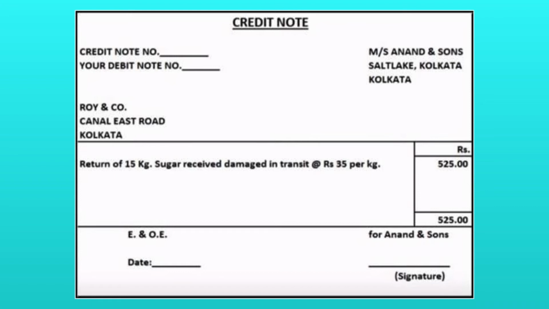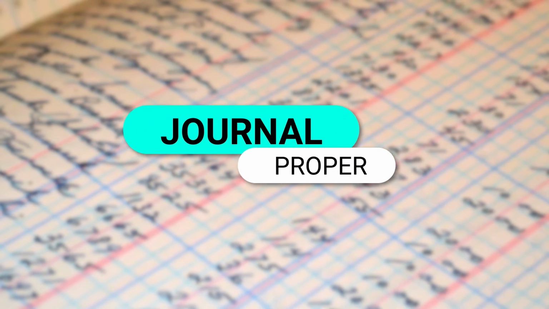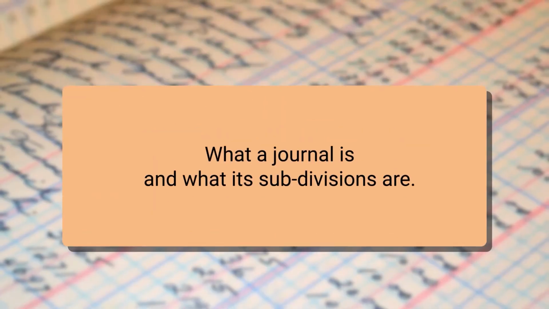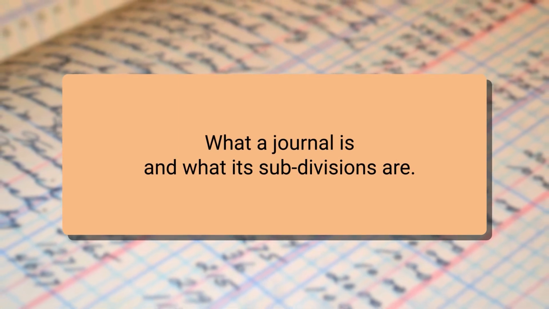So here Anand and Sons, and here the date is written. Journal proper. So, friends, by now you know what a journal is and what its subdivisions are.